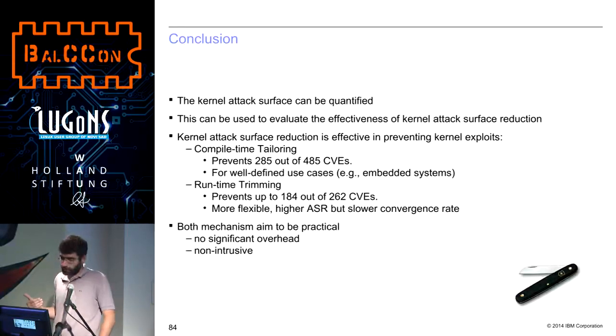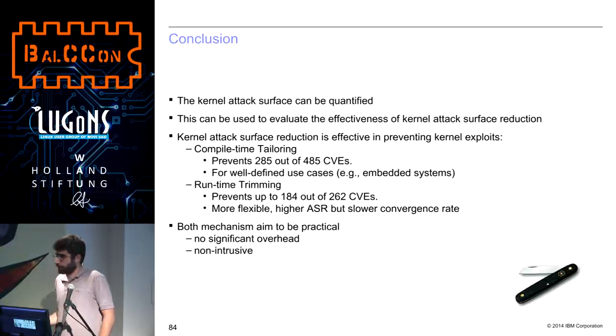So that's the limitation of that compile time tailoring approach. We need to know in advance what you will be using your system for. However, that is reasonable for things like embedded systems, where people will just be putting Linux on and leaving it there and never even updating it, right?